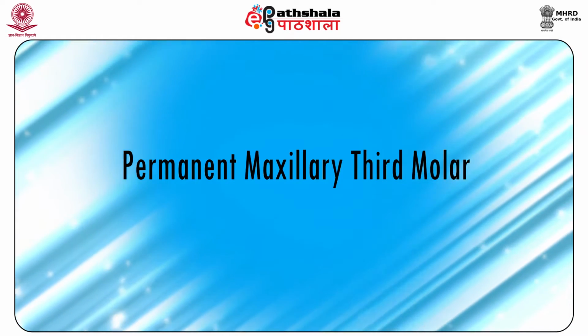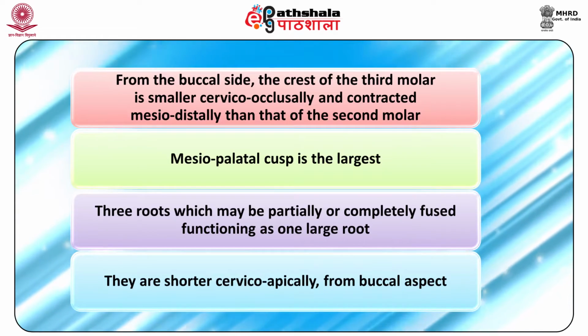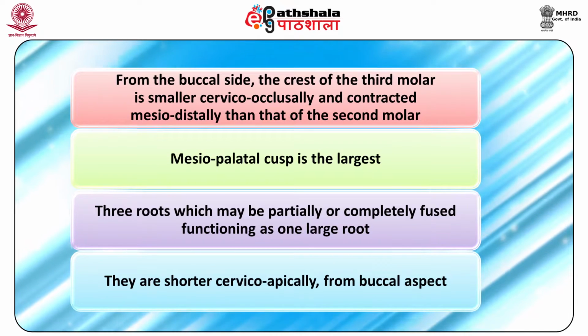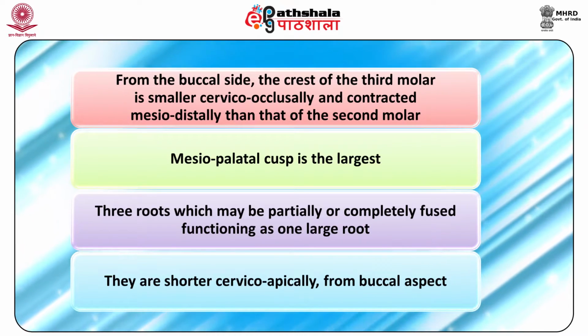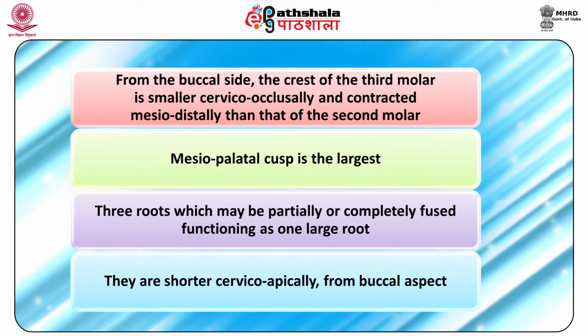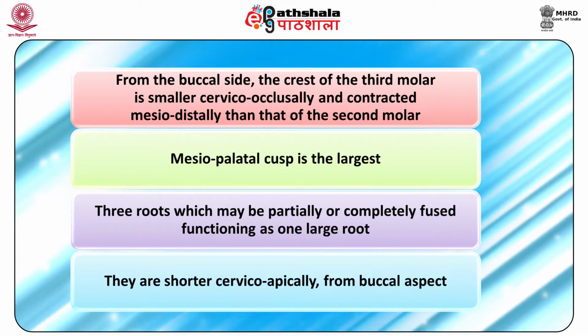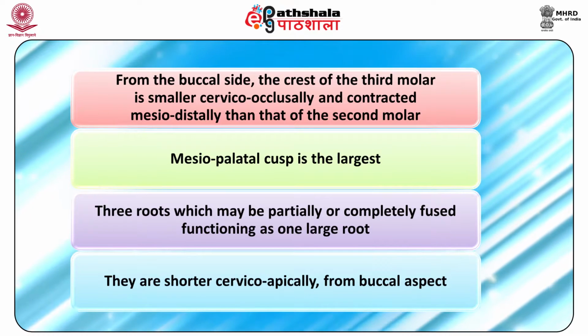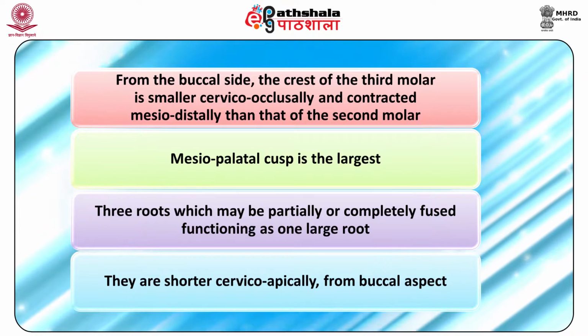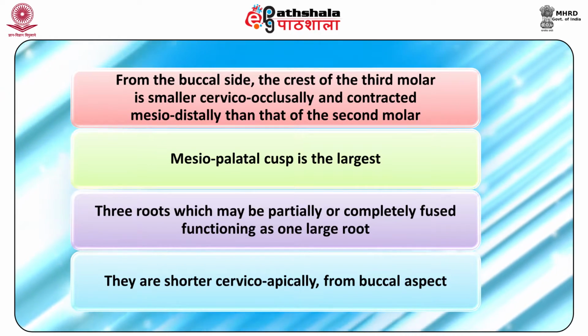Coming on to the permanent maxillary third molar. From the buccal side, the crown of the third molar is smaller cervico-occlusally and contracted mesiodistally than that of the second molar. The mesiopalatal cusp is the largest. There are usually 3 roots which may be partially or completely fused, functioning as one large root. They are shorter cervico-apically from the buccal aspect.